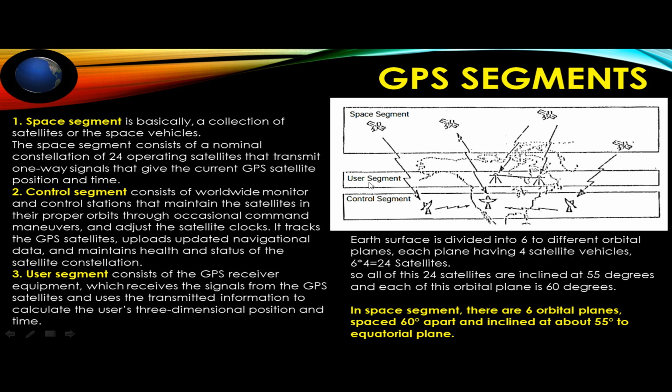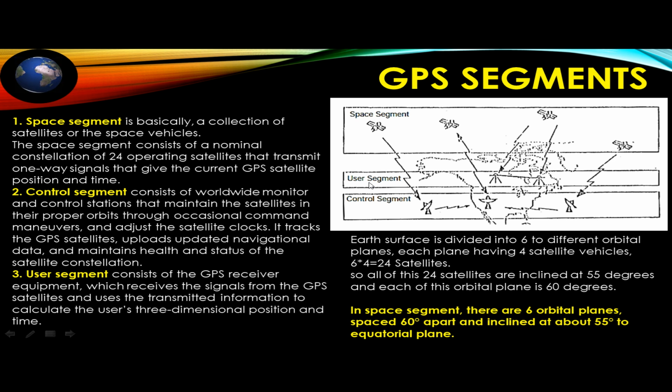So it tracks the GPS satellites and uploads the updated navigational data, meaning which position and which angle it is currently at. So it gives the navigation information of the satellites and maintains the health and status of the satellite constellations also.